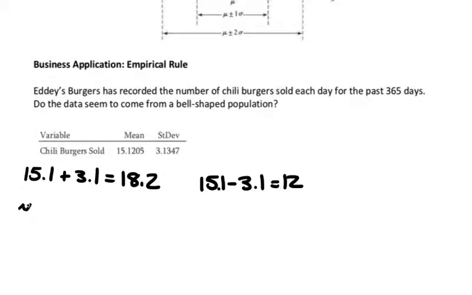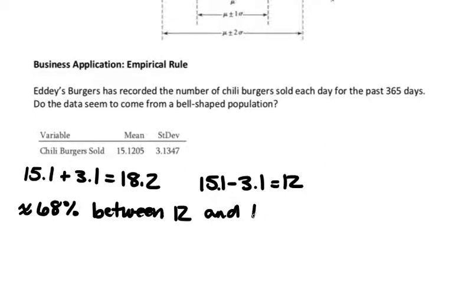So approximately 68% of the data should be between 12 and 18.2. Now to figure out if that's true or not, I need to go back to my original data set.